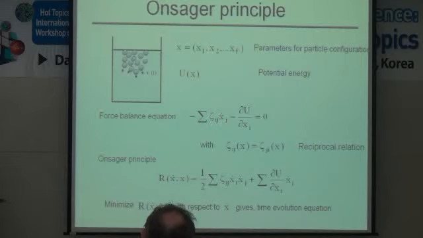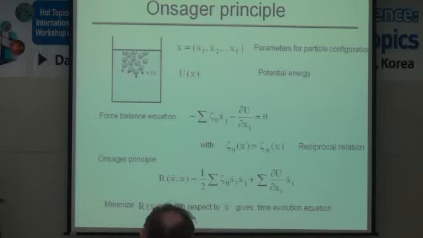Now, a very important thing here is that this coefficient theta_ij is called the friction matrix, and it can be shown that it is symmetric: theta_ij is equal to theta_ji.